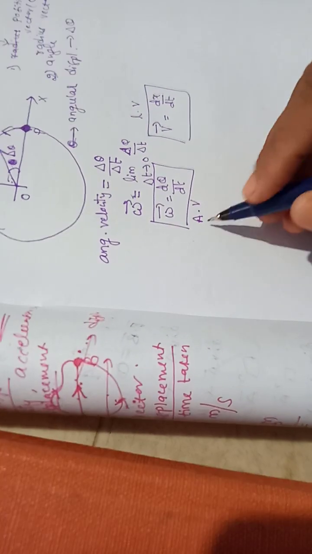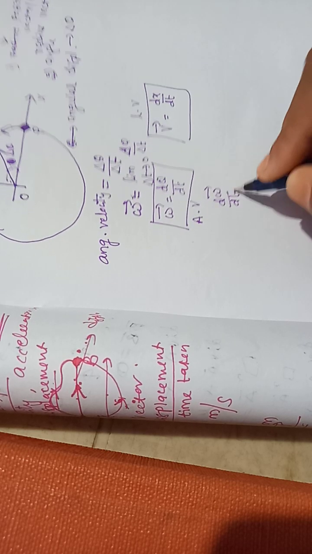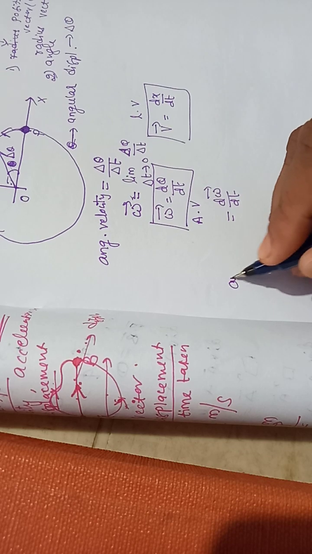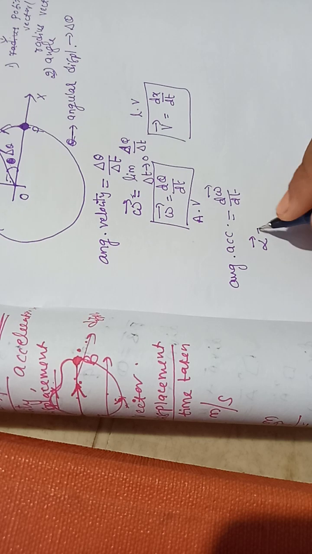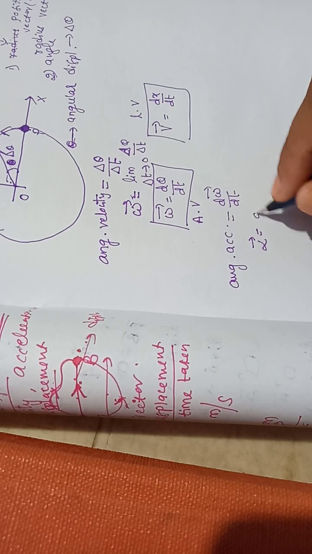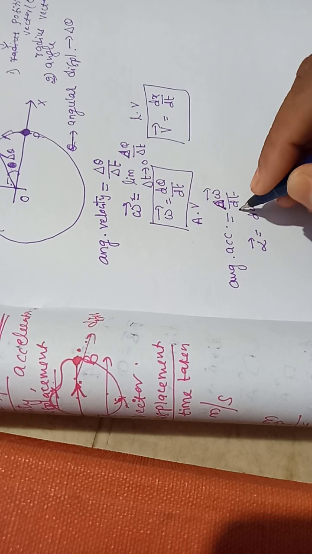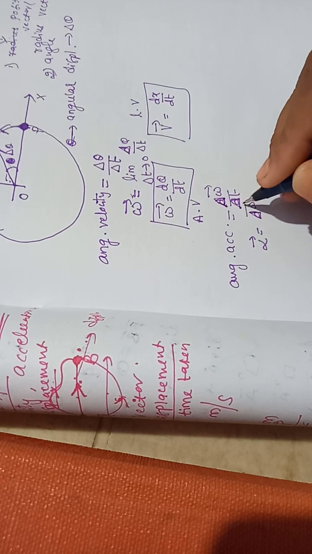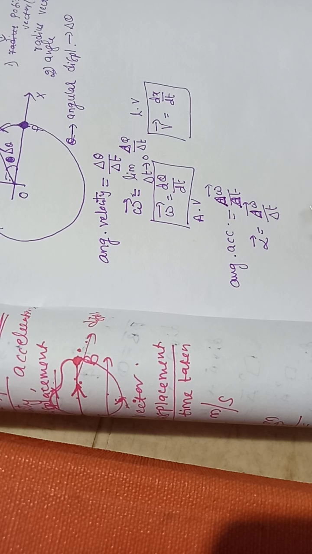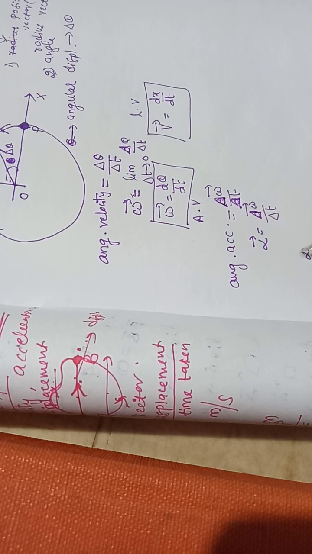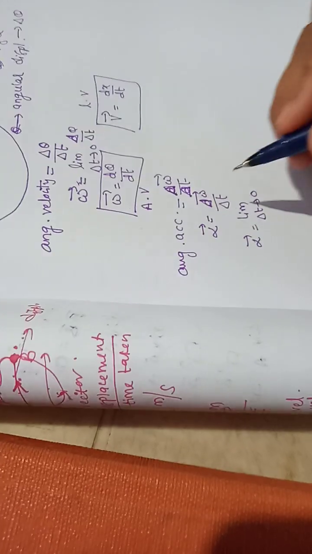Now next, the rate of change of angular velocity we call angular acceleration, and this angular acceleration is denoted by the letter alpha. It is written as delta omega by delta t, instantaneous angular acceleration. Instantaneous we get by applying the limit delta t tends to 0.